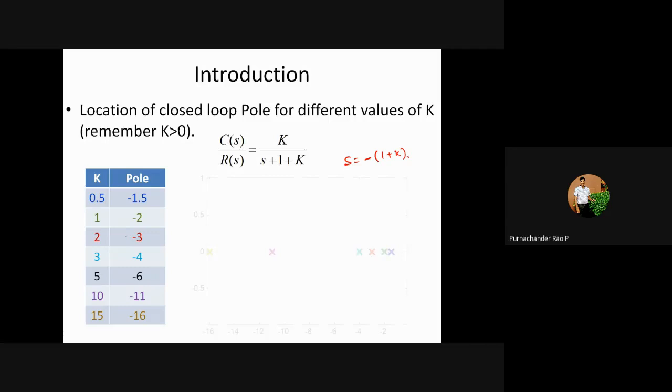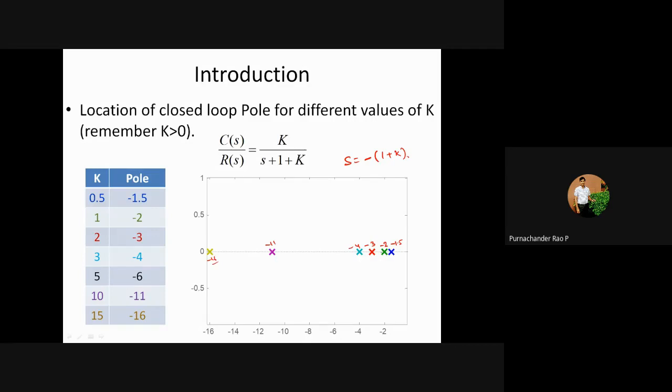So this can be located on the s plane like this. The first pole is at minus 1.5, then minus 2, minus 3, minus 4, and so on.